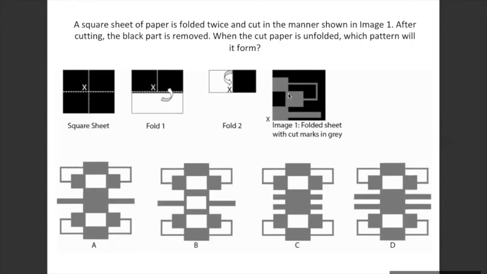On this square, you're making the cut along the gray part, and the black part is discarded. Once you discard the black part, what will remain when you open this in sequence? Option D. Yes, option D is the correct one.